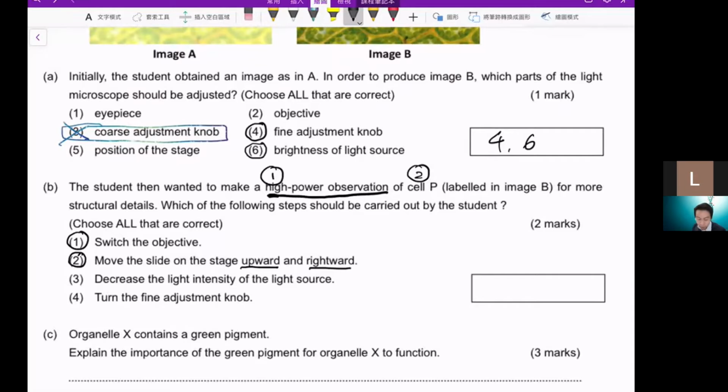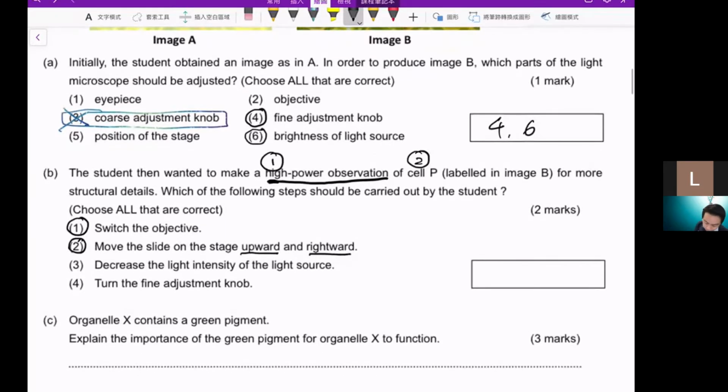Every time you switch the objective to change the magnification power, you need to find the focus again. So choice 4 is also necessary. So the correct answer should be 1, 2, and 4. Am I right?